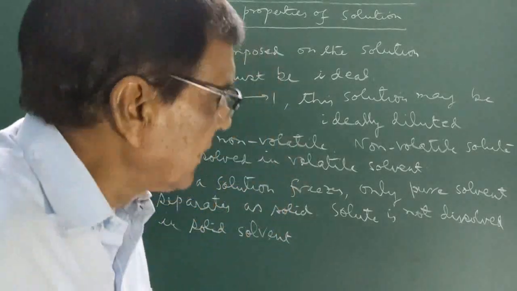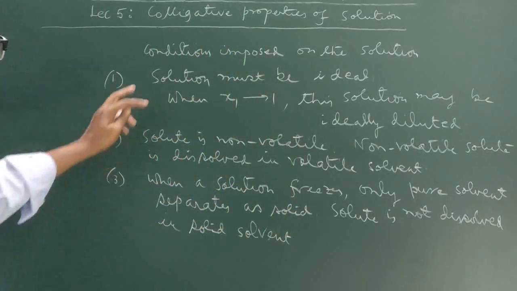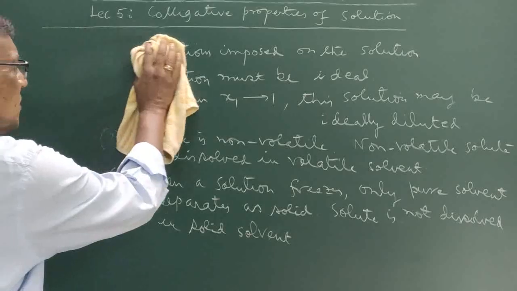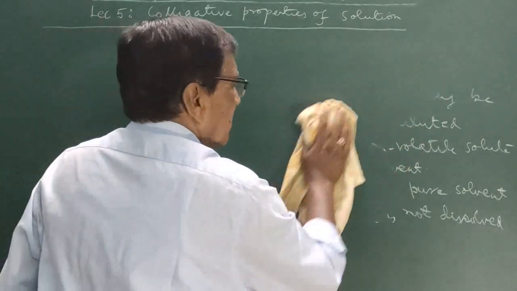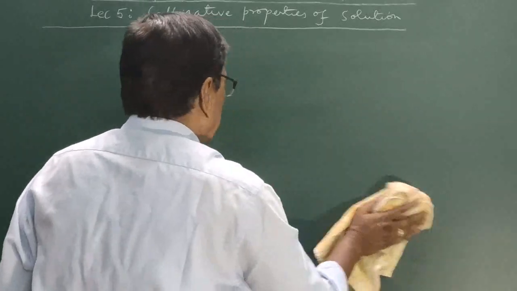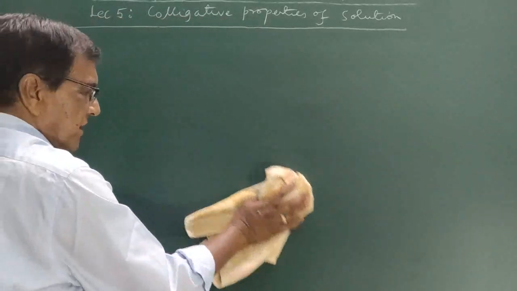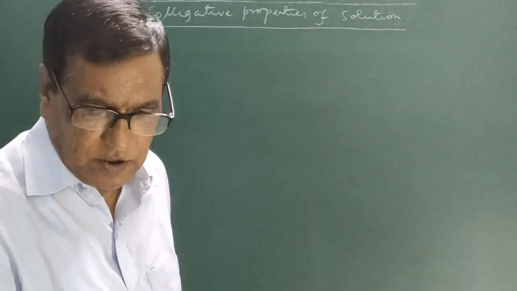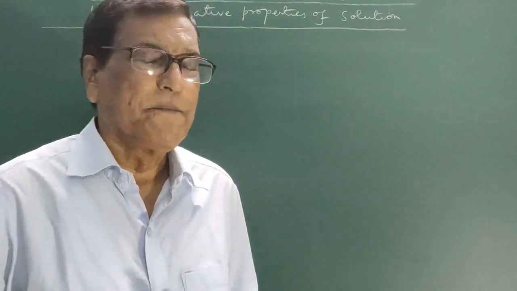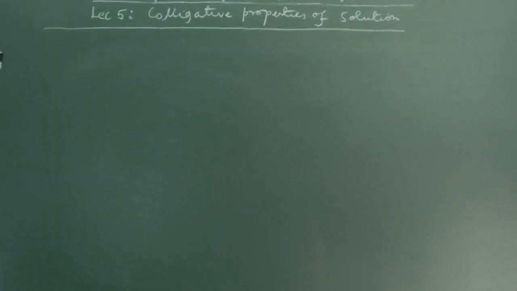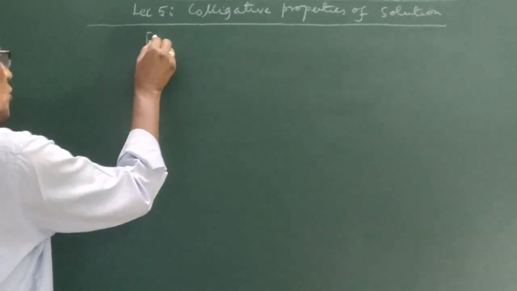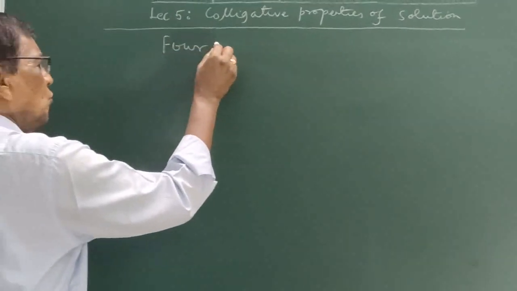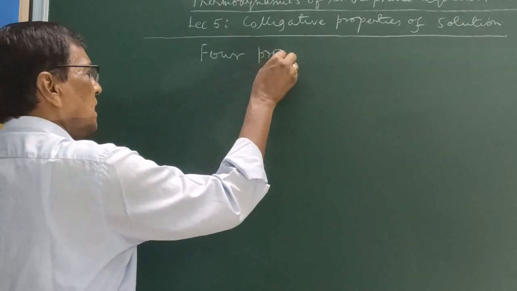Now I would like to discuss the colligative properties, which are termed as colligative properties, and how these would be explained by taking the concept of chemical potential. There are four properties.